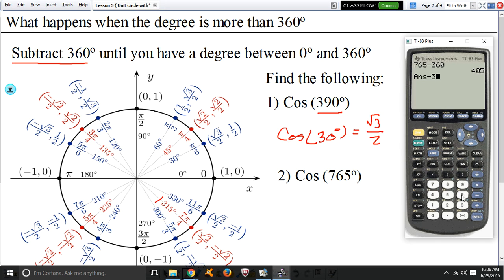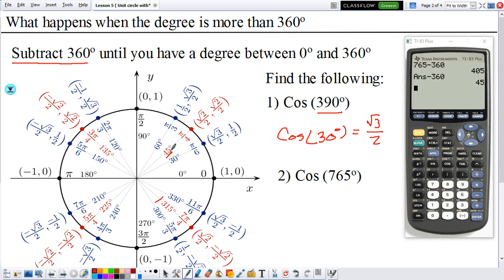So minus 360, and now we got 45. Notice that we have 45 here in the unit circle. So the cosine of 765 is the same as the cosine of 45. And now we can use our unit circle. Here we have 45. If I want the cosine, I look at the x value in the coordinate. So that's square root of 2 over 2.